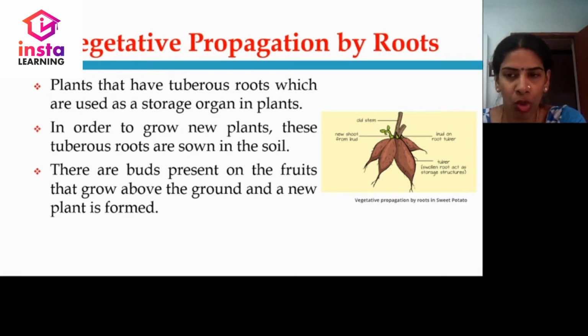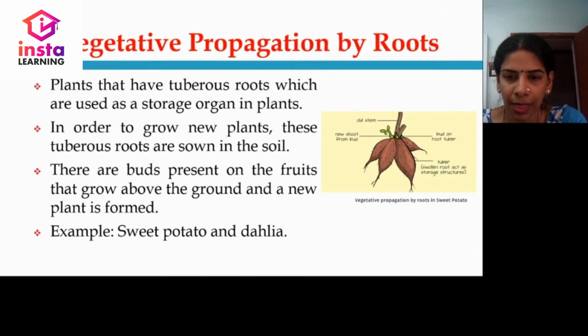You can see vegetative propagation by roots in sweet potato. The swollen root is known as a tuber, and the buds which you see can develop into a new plant. Another example is dahlia.